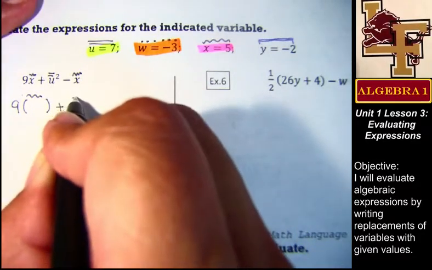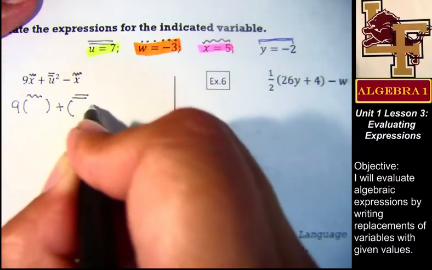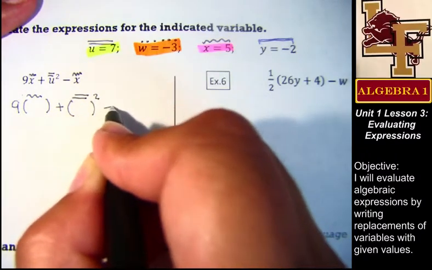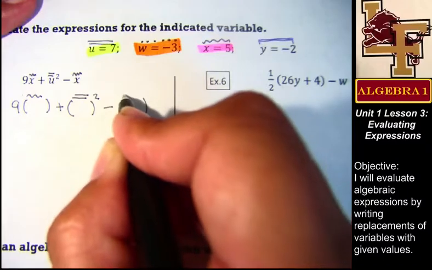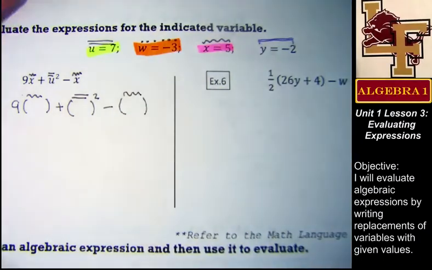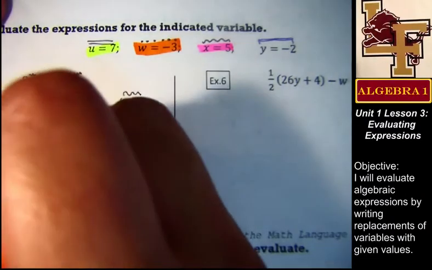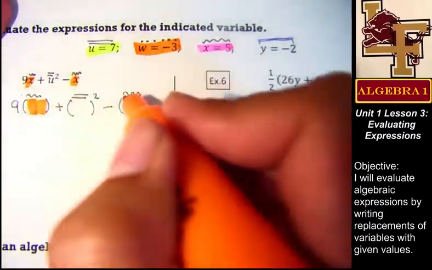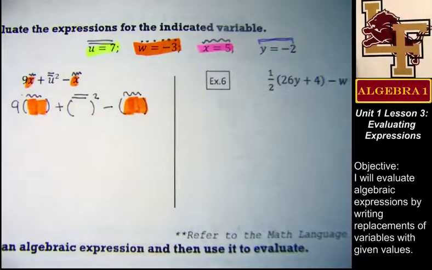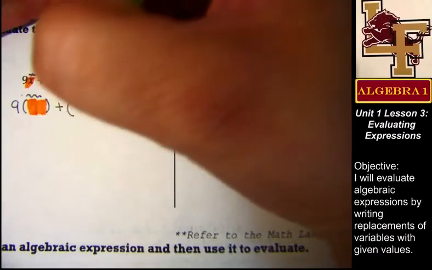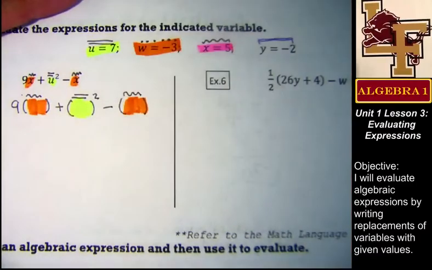Plus I have a u right here. And then I have an x. All right? Is that okay? 5, 7, 5. Those squiggles are just so that I can see what variable I'm looking at and where it's physically located in this expression that I have.